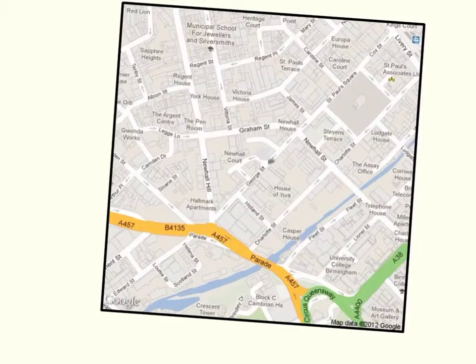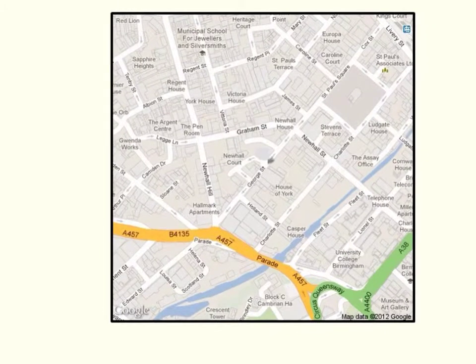Let's have a look at some of the shortened or abbreviated names of streets on this map of Birmingham city centre. If we look at the top here, we will see Regent Place, PL being the abbreviation for place.